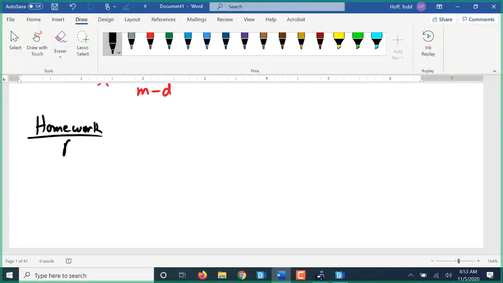The homework out of the big book. Page 455 to 457. Exercise 15-3.